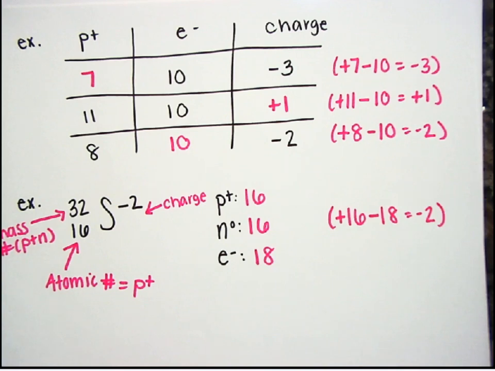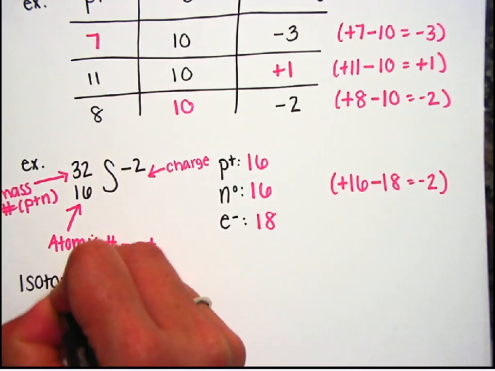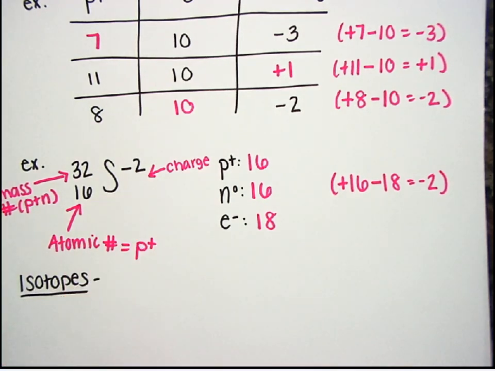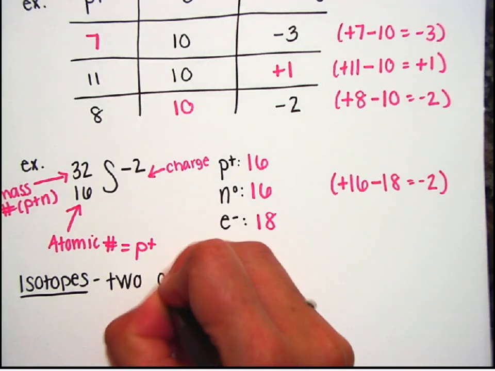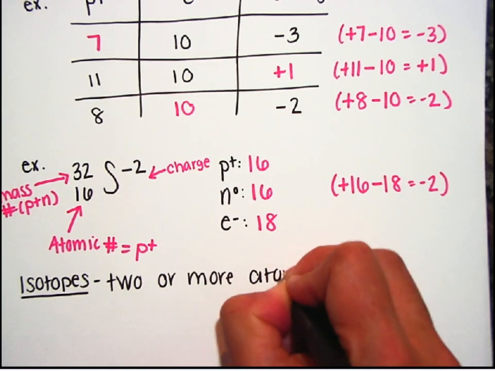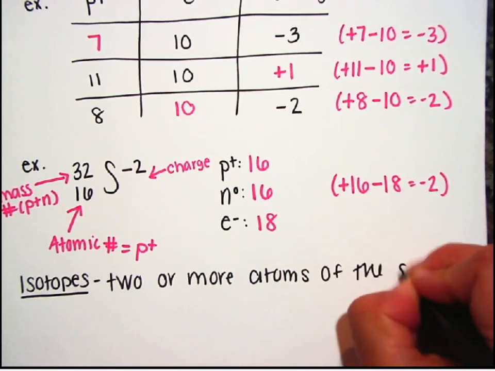Last thing for today is I want to introduce isotopes. We're going to talk more about isotopes later this unit, so I just want to introduce them for today. Isotopes are 2 or more atoms of the same element.